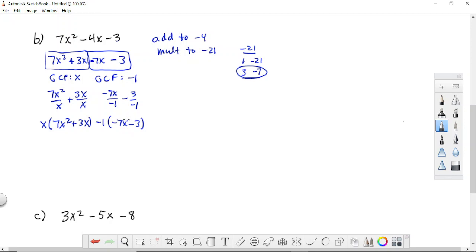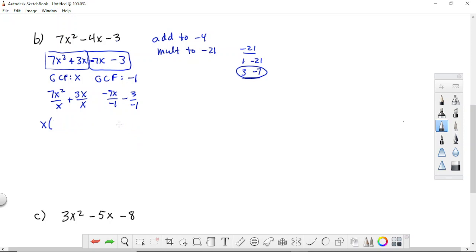Okay? Oh, no, wait. 7x plus 3. I did that wrong. Well, I did both of those wrong. Sorry, let's erase that. I put the unfactored part in there.